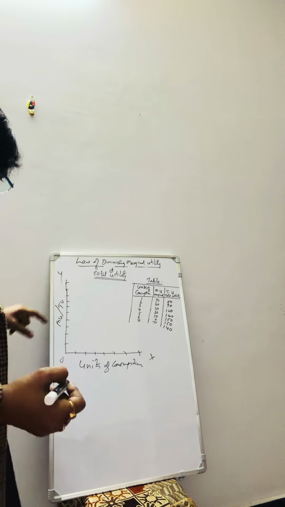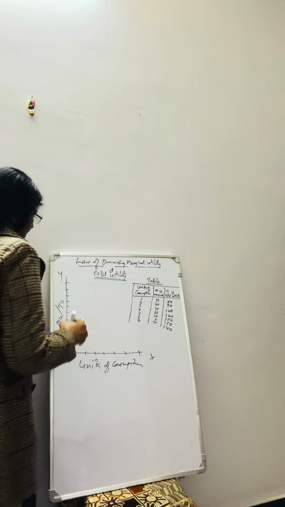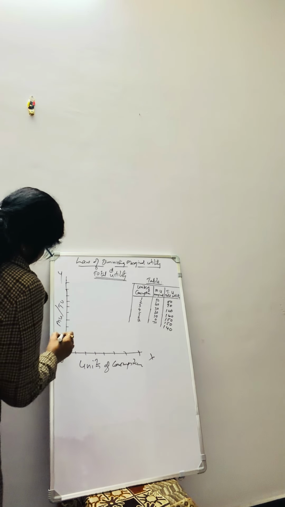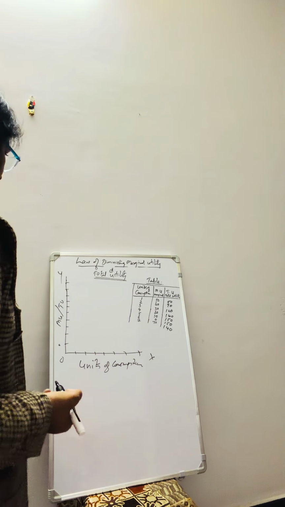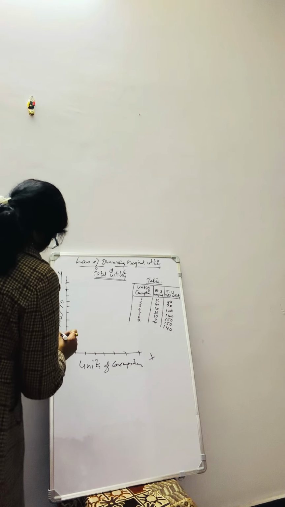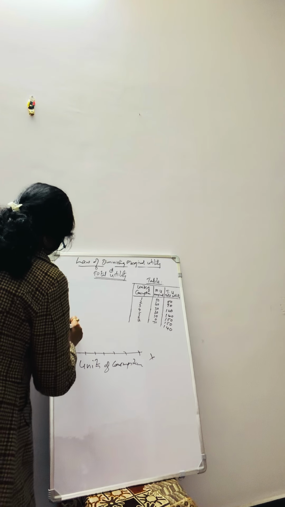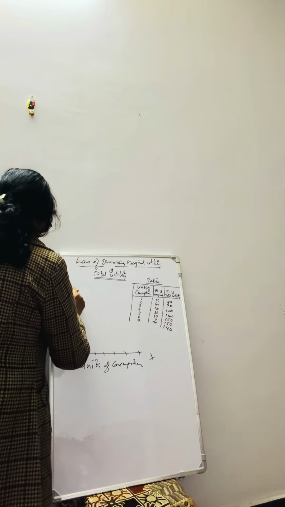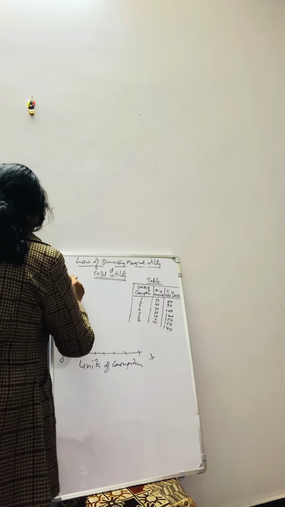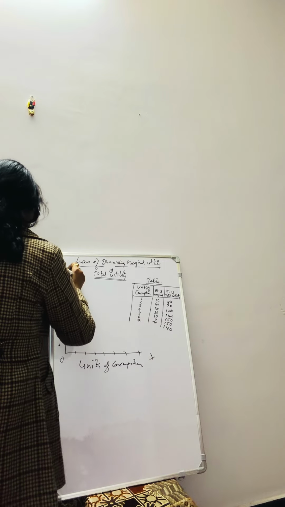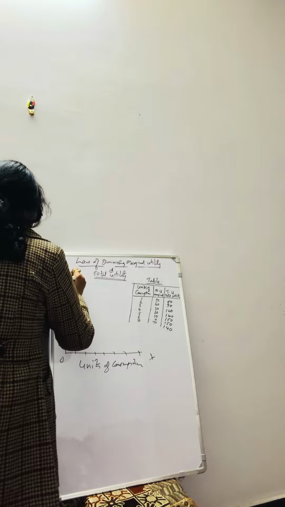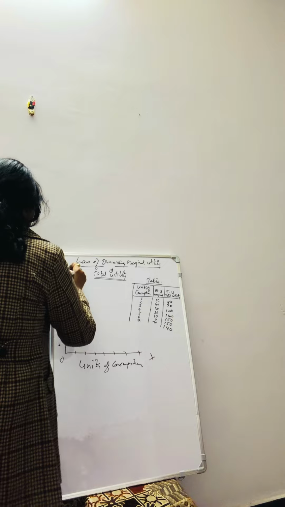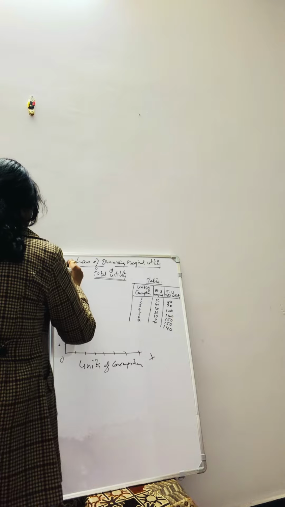Now we need to show both the things here. We can start from 20: 20, 30, 40, 50, 60, 70, 80, 90, 100, 110, 120, 130 and 140.